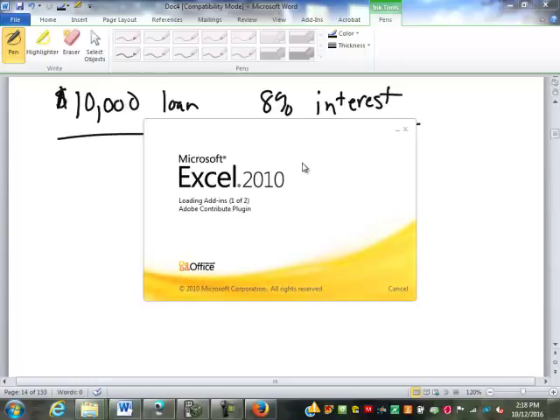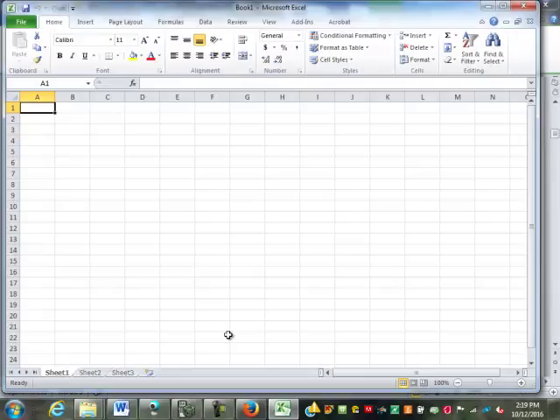Maybe I'm going to pull up a spreadsheet. And what I want to compare is what the difference would be if I paid a large amount now versus if I made my monthly payments every month.